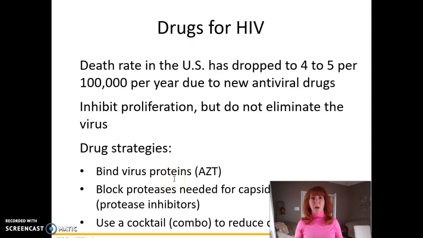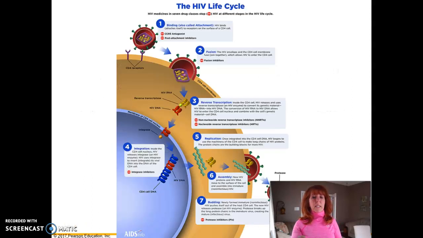And that helps with this highly mutable virus, because if it mutates to avoid one medication, maybe the other two will continue to work. Let's review the life cycle of HIV, because that's how we're going to approach crippling its ability to make copies of itself.